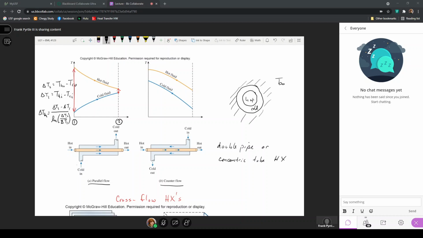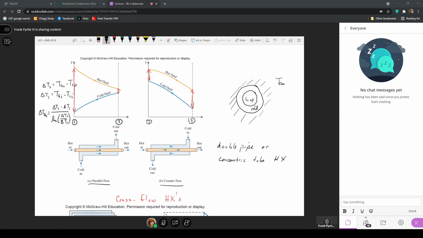For the counterflow heat exchanger, because these temperature differences are based on positions, the definitions will change slightly. Here, I'm evaluating the two temperature differences at these positions, position number 1 and position number 2.